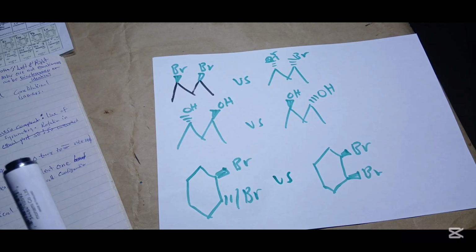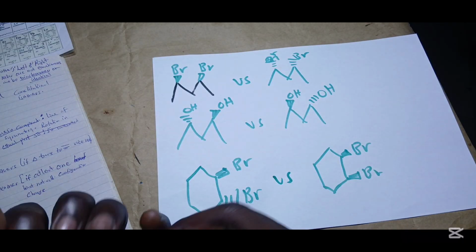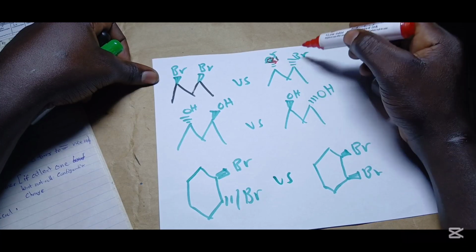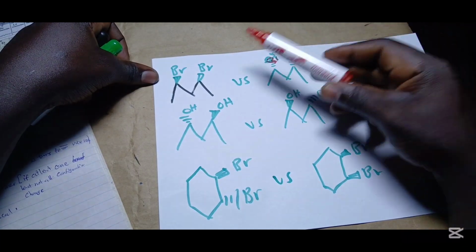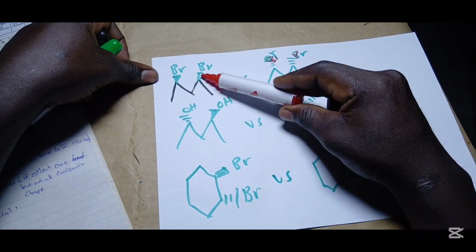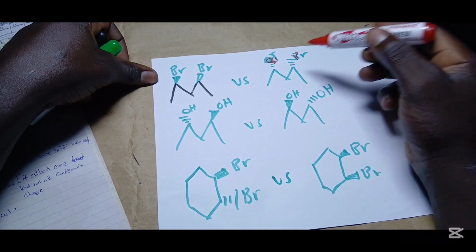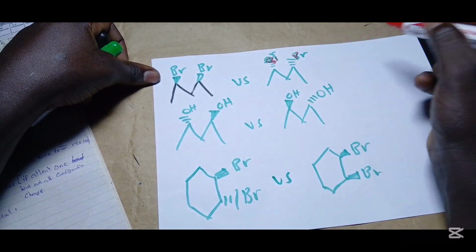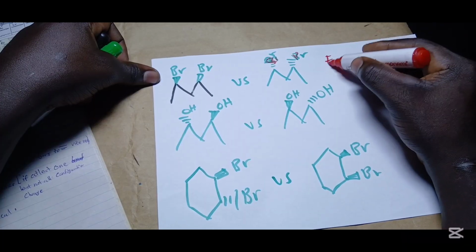What is the relationship between these molecules? This is a bromine, this is the bromine. Here, you could see that all the bromine atoms are on the solid wedge, but here they are on the dash wedges. The configuration has changed totally, and when this happens, they are enantiomers.